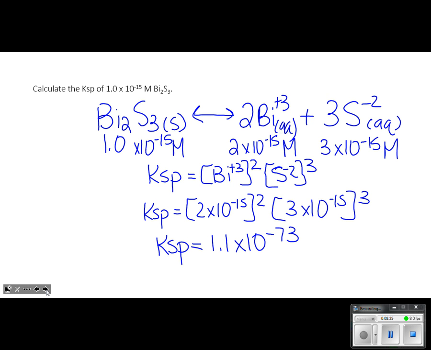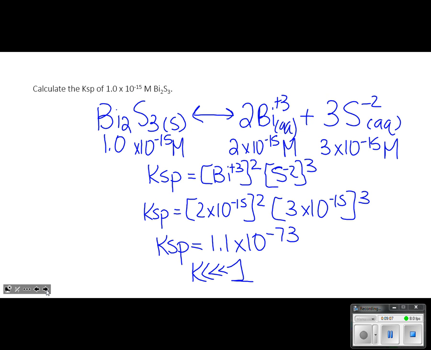Well, why does this make sense? Well, we're working with something that in October we would have classified as insoluble, saying that it doesn't dissociate at all. And now here in March, we're saying that really is true based on the KSP value. It doesn't dissolve very much. Its K is a lot less than 1.